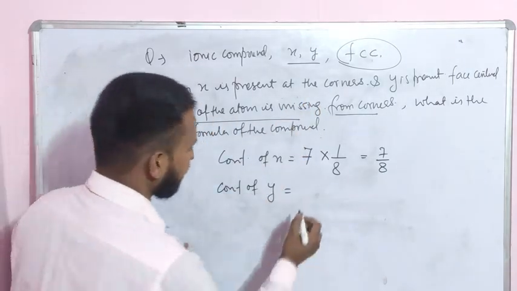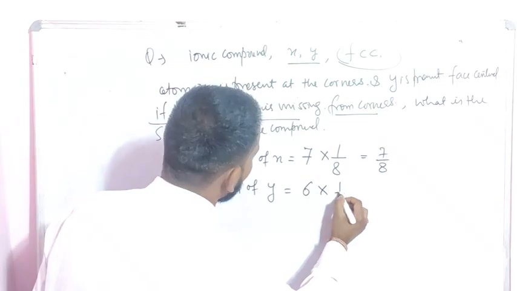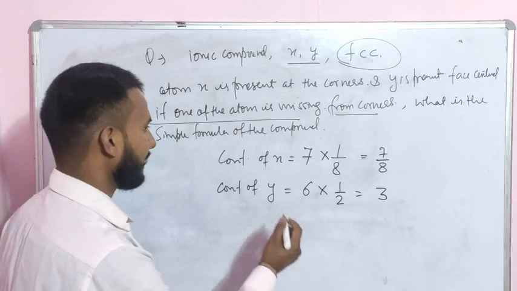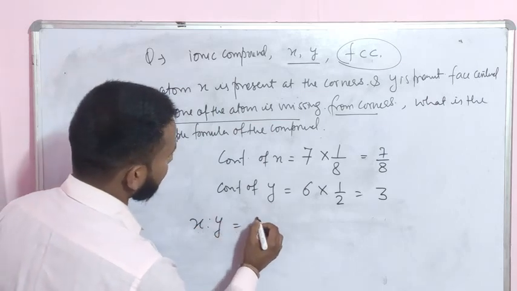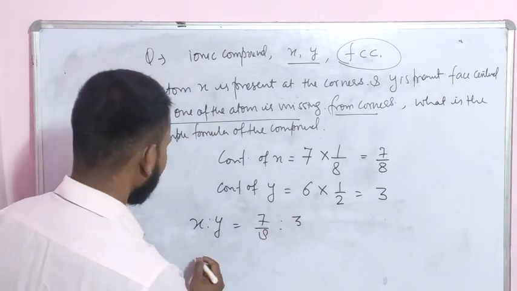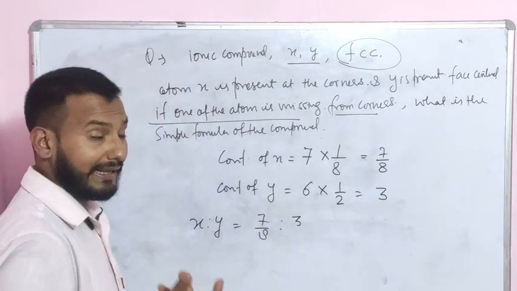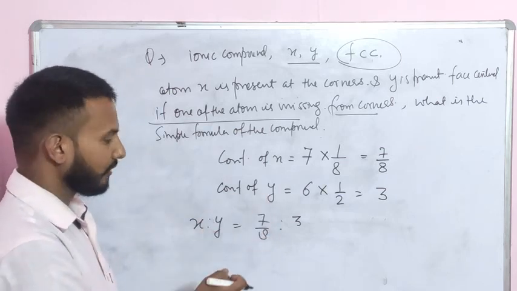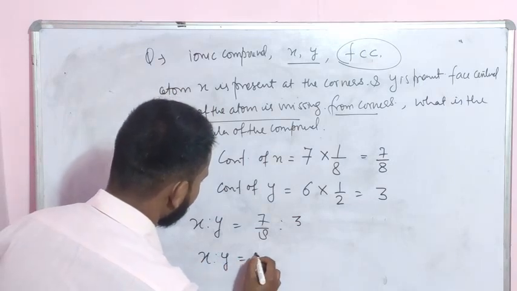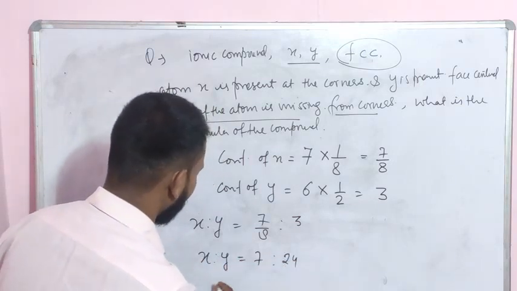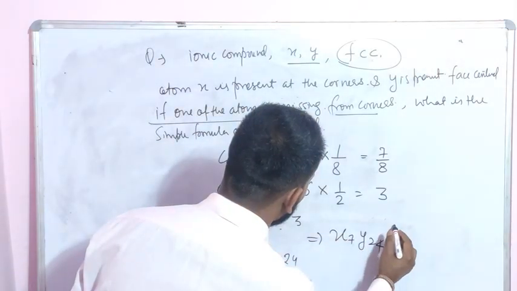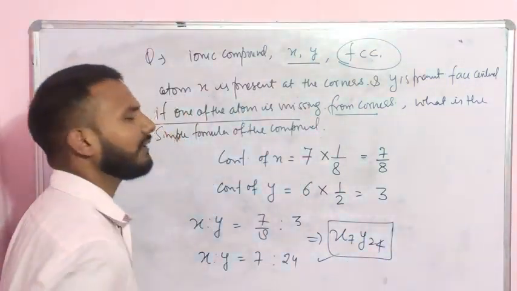How many faces are there? 6, into contribution 1 by 2, that comes out to be 3. So X is 7 by 8 and Y is 3. The ratio of X to Y is 7 by 8 to 3. If you are writing any compound, you cannot write fractions, so make it whole. X to Y is 7 to 24. Means the compound will be X7Y24. This is the simplest formula of the compound.